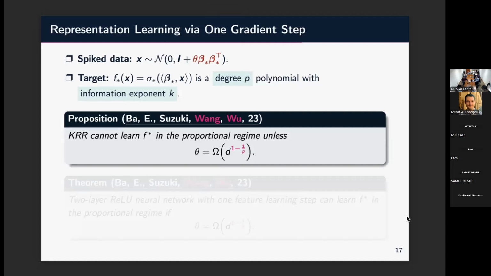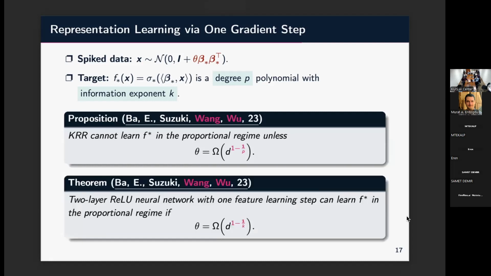That's pretty important to draw the separation line. And the second result says a two-layer neural network with one feature learning gradient descent step can learn this target if the spike magnitude is this much. Now, I know the relationship between p and k: p is greater than or equal to k.